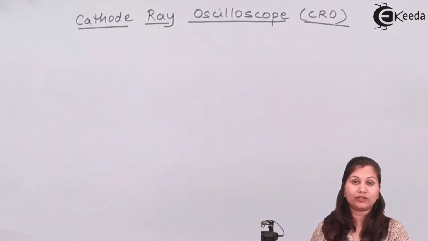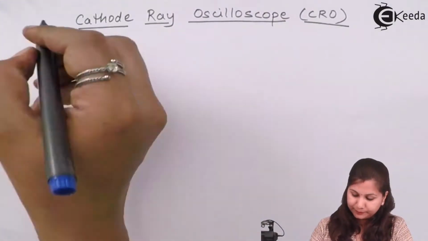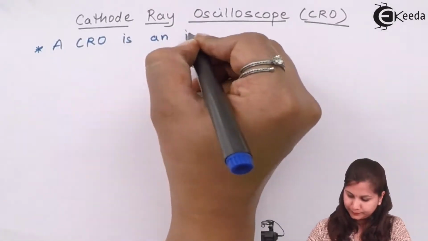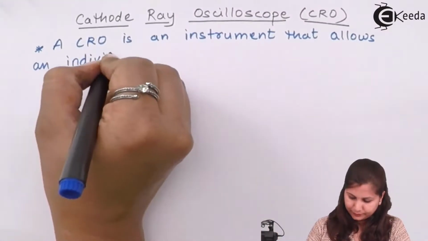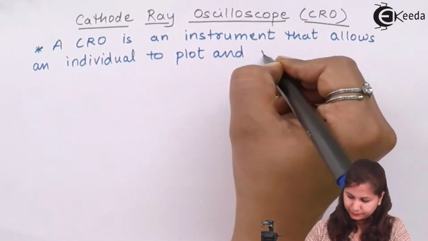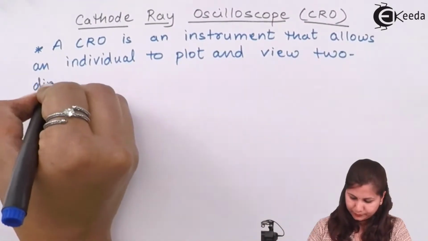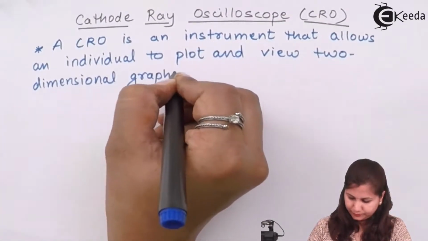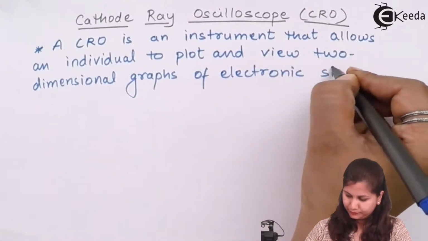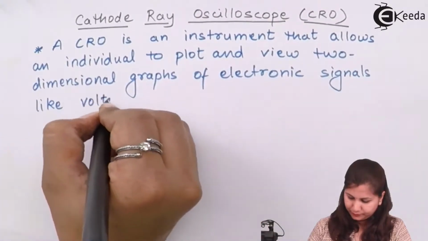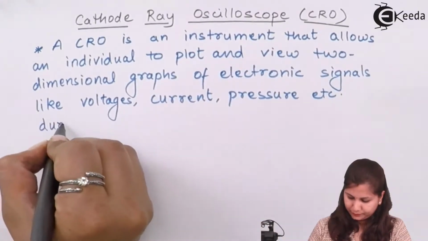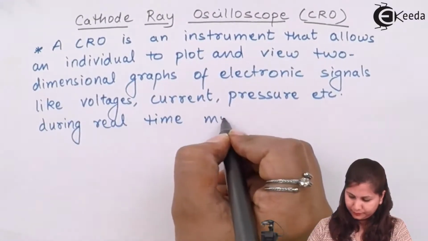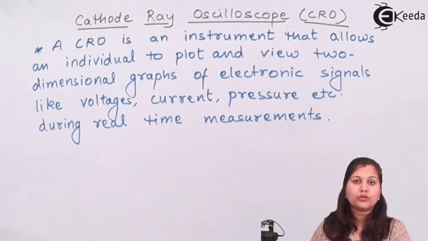So here if we define what a CRO does, CRO is plotting a 2D graph of the electronic signals.